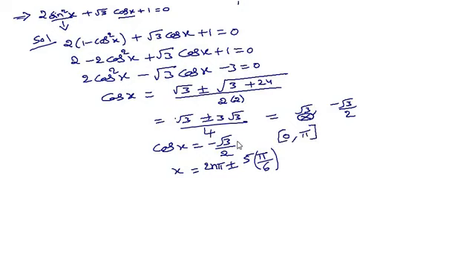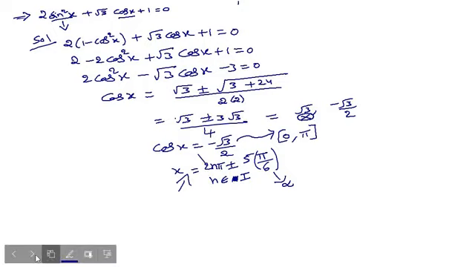So this happens whenever x is 150 degrees. So this is the alpha. So this is the general solution, where n belongs to integers. That is the solution for the given trigonometric equation. I think it is very clear for you.